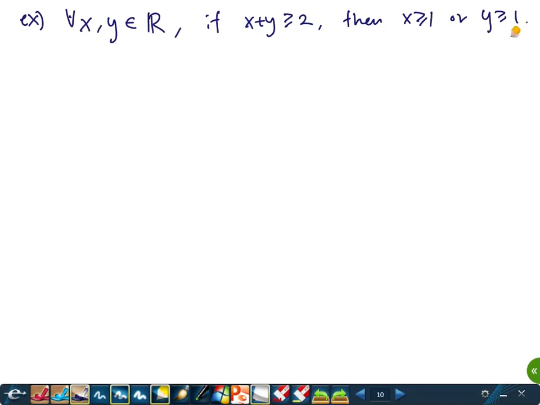This kind of thing can be proved directly, I think, but indirect proof by contradiction is very useful for this kind of statement. So we have a statement like P, if P then Q.